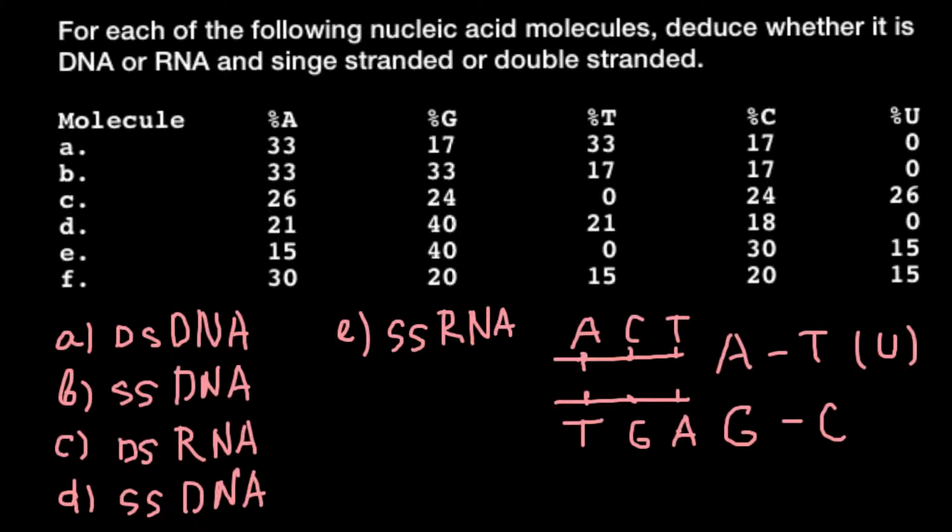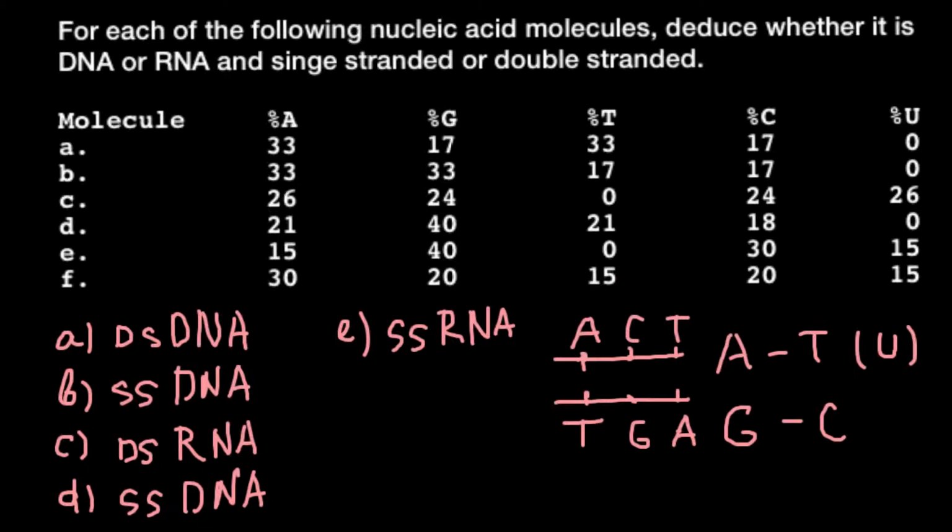And the last line, here we have 30% adenines, and adenine base pairs with thymine. We have 15% thymine here. But as you see, we also have uracil here. So that means that this is double-stranded.